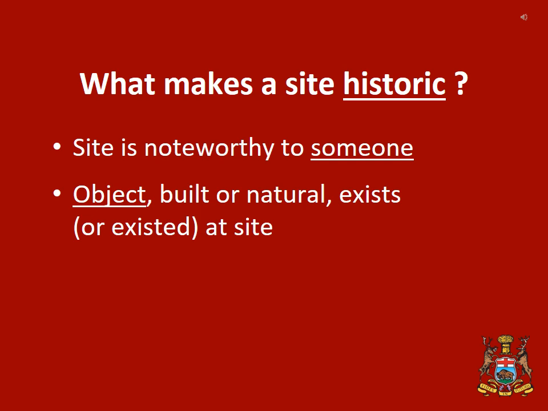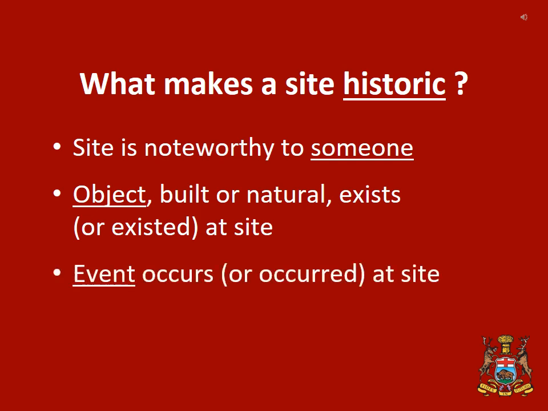But other than that, it can be a wide range of things. It could be, for example, an object, which means it could be something that is built or some natural phenomenon that either exists today or existed in the past. Remember I said before about those locations. It could be an object that is no longer there, but was there at one time. Or it could be an event that occurred at a particular site, some kind of noteworthy occasion that occurred at a particular spot, or is occurring there today.